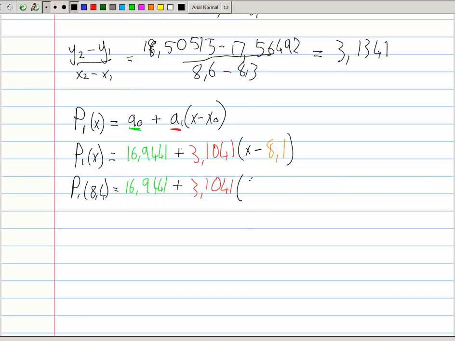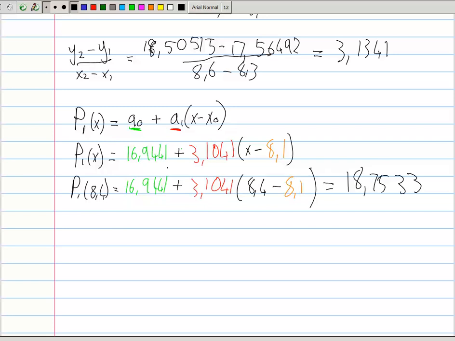Now this is our 8.4, which is our x minus 8.1. And by calculating that, we should get 18.7533. And that is our approximation for our 8.4.